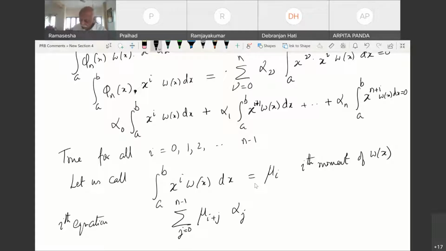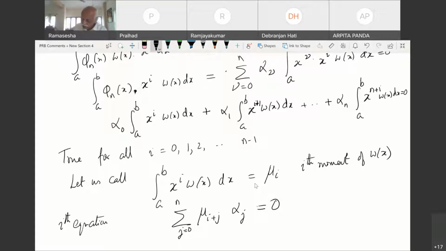Just a second, let me see whether it is j equal to n. Alpha j equal to 0.